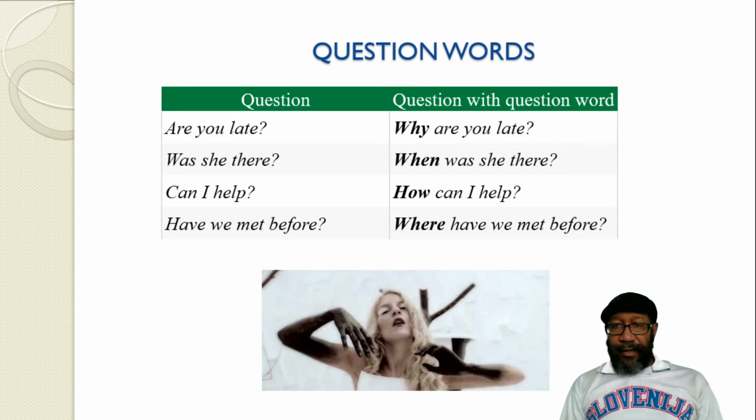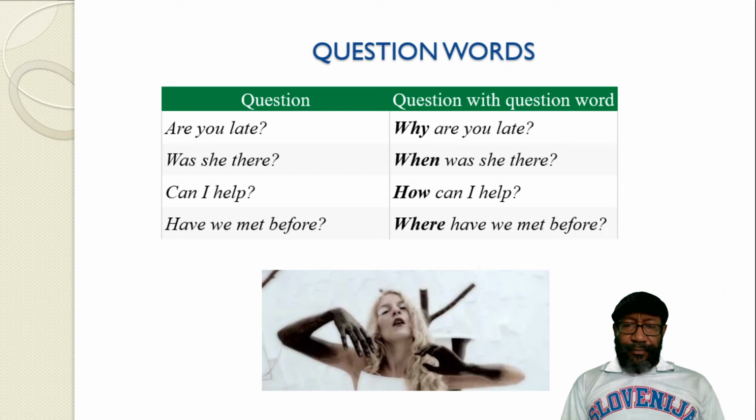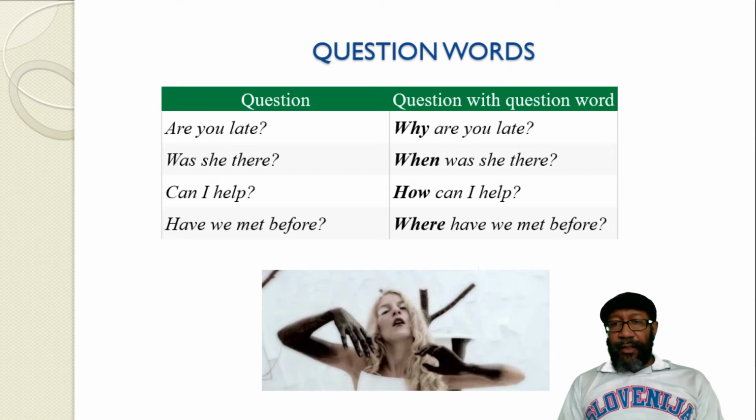Was she there? When was she there? So, when is related to the time, moment. So when you listen to when, you have to prepare your mind to reply with a time.